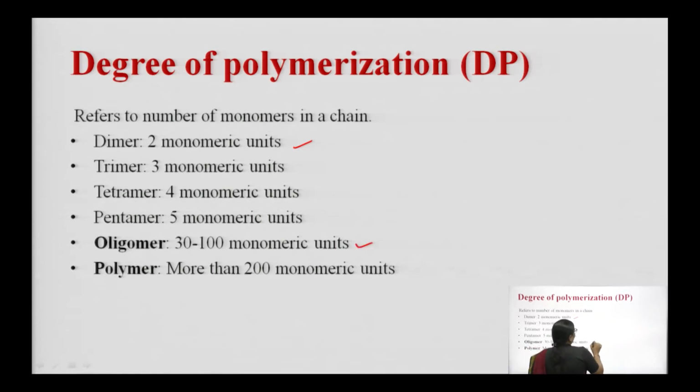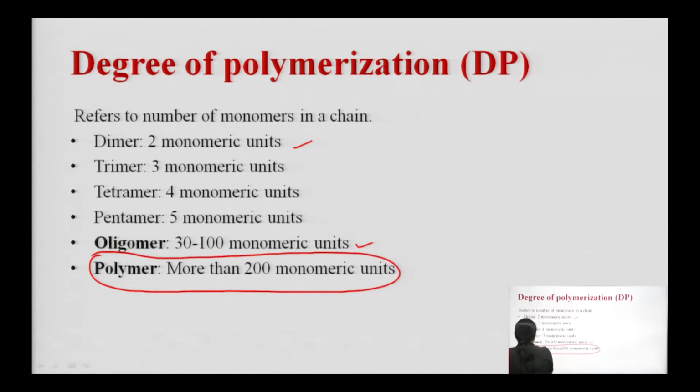Oligomers will have 30 to 100 monomeric units, and a polymer is formed when there are more than 200 monomeric units. So, the term polymer is used when there are more than 200 monomeric units in a chain.